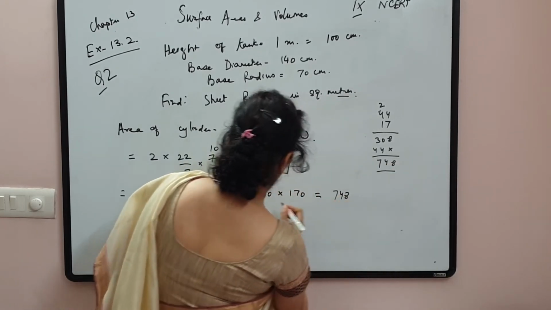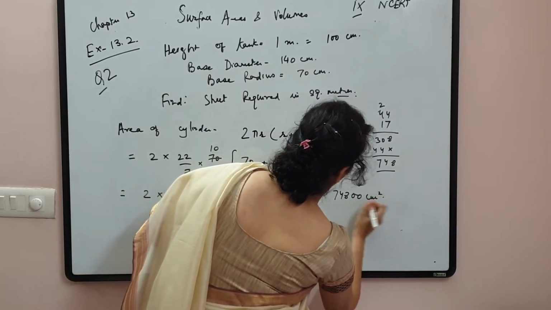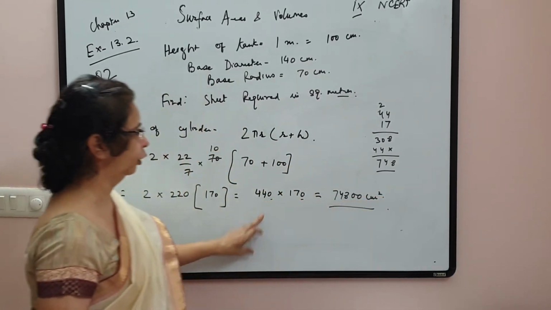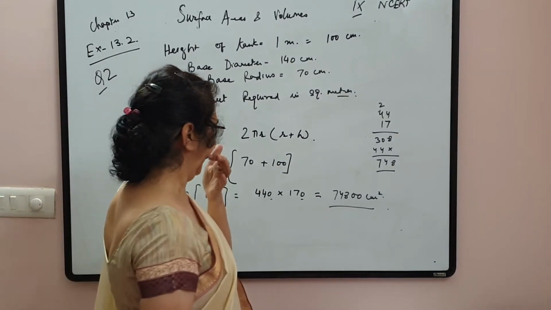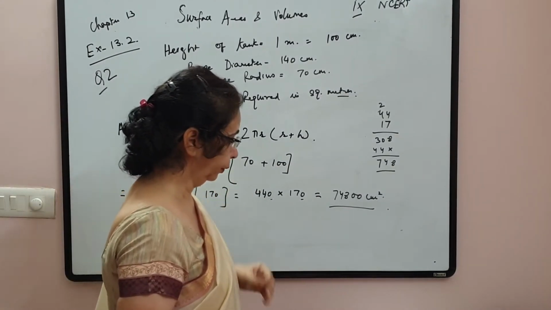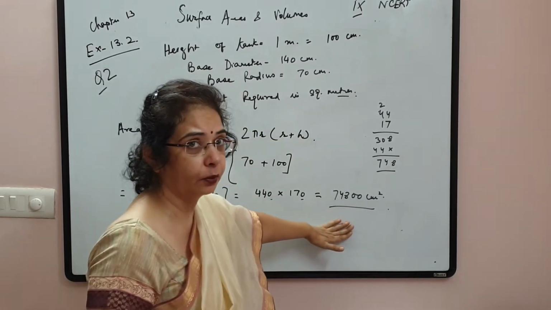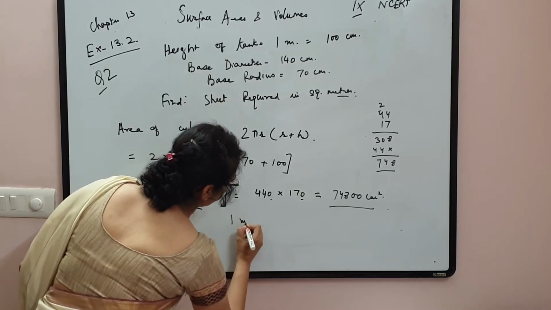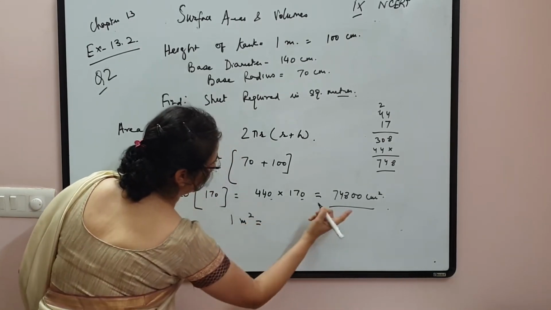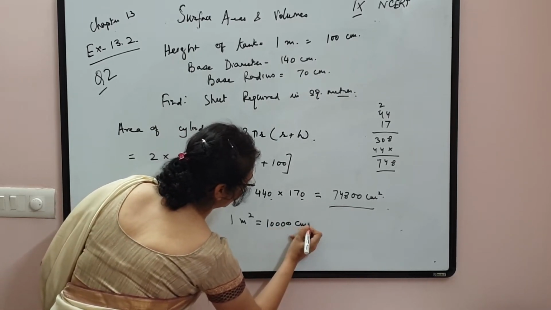It is 748 plus 2 zeros, in centimeters square. Now this is the area of your right circular cylinder, that is the water tank. But what do they want of you? Sheet required in square meters, and this is centimeter square. 1 meter square in centimeter square is 4 zeros.